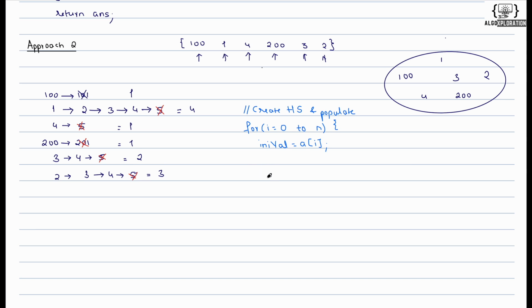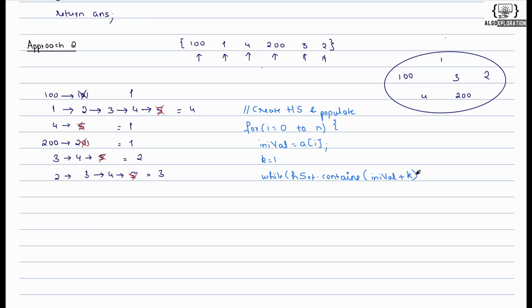After that, let's take k as 1 to keep the count of the sequence. While I'm going to check hash set dot contains initial value plus k.